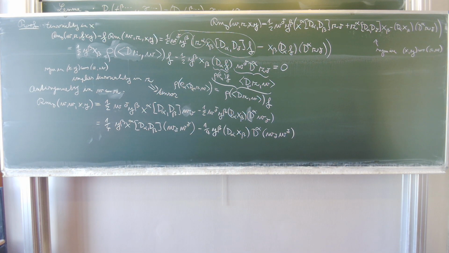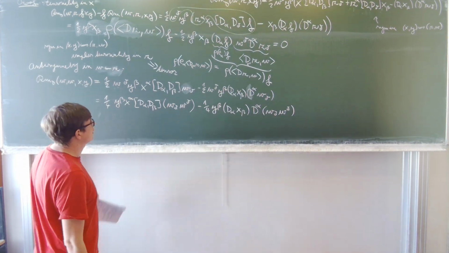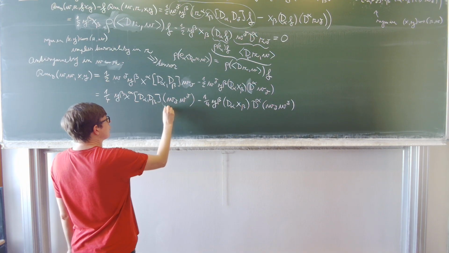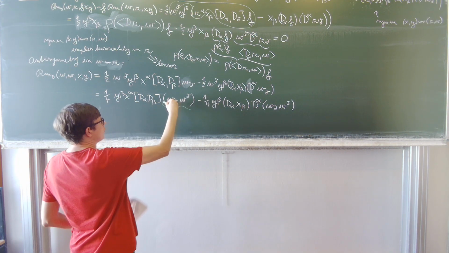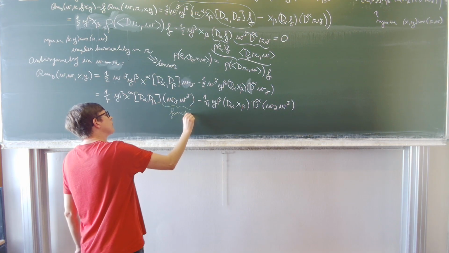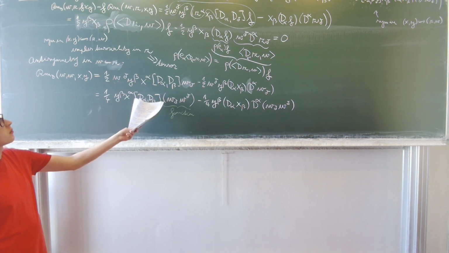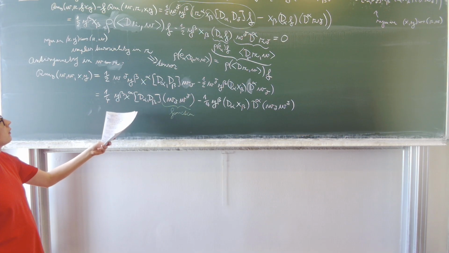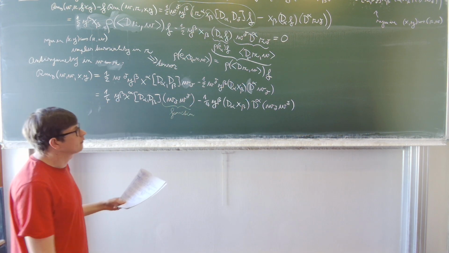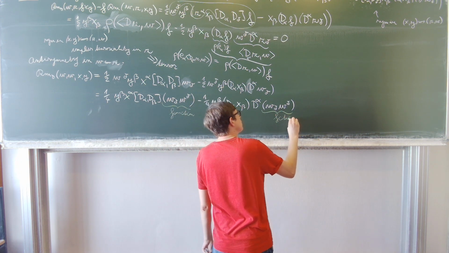Now the simplification comes from the fact that I'm acting only on a function. If I contract this thing, this is really a function. There is an underlying fact which says that contractions commute with derivatives.